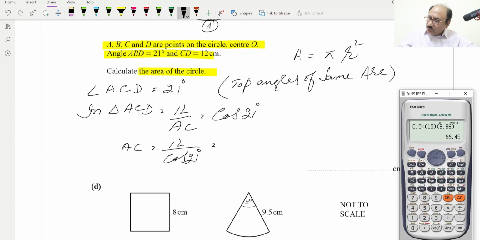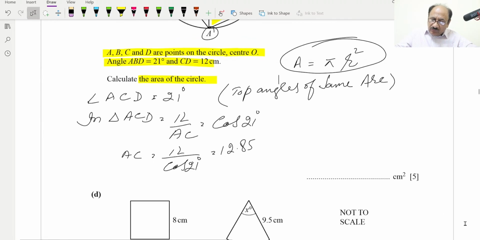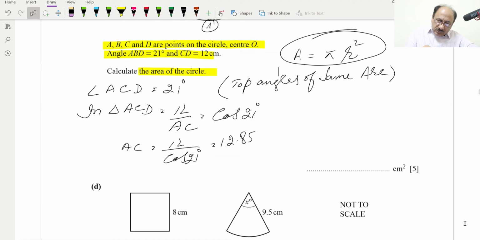In the calculator, 12 divided by cos of 21 degrees will be equal to 12.85. I'll keep the digits, and this is basically AC, but we require the R value to insert in this formula. So what I will do, I will divide this: AC by 2 will be equal to our R value.